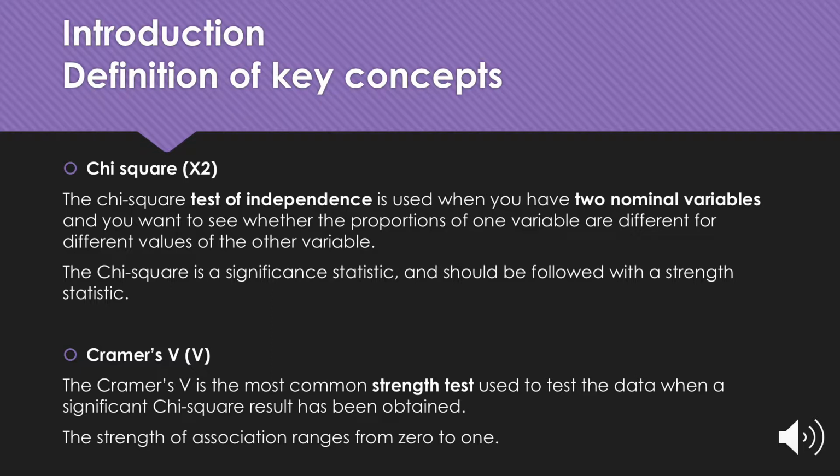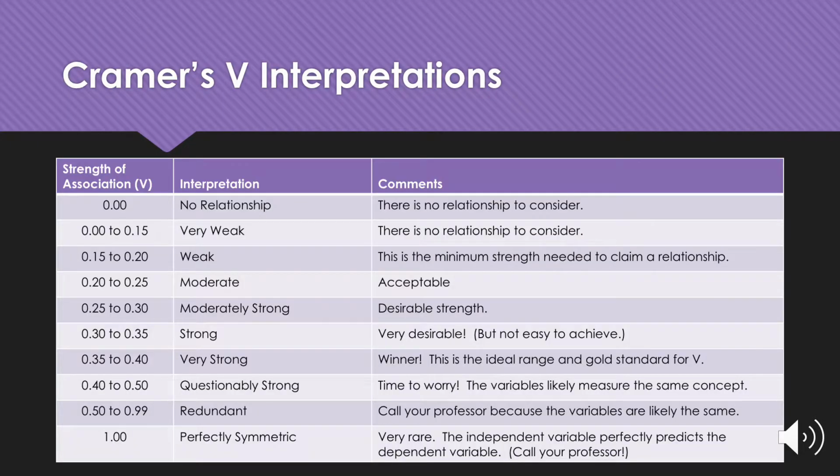The Cramer's V is the most common strength test used when a significant chi-square result has been obtained. The strength of association of the chi-square is between 0 and 1, where 0 is interpreted as no relationship, and between 0.15 and 0.20 it's defined as weak.